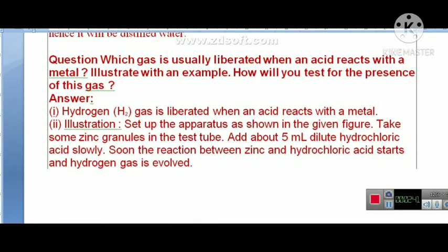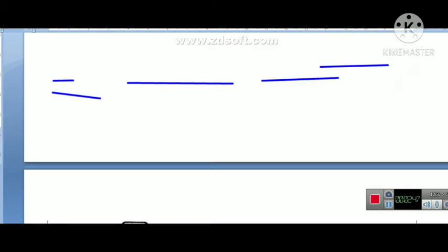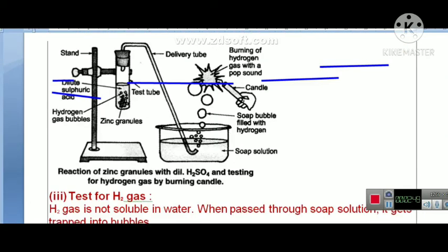Which gas is usually liberated? We will make the arrangement of the apparatus in which we take one test tube. In that we add some zinc granules and 5 ml of any acid, it may be HCl or sulfuric acid, and fix it with a one-holed rubber cork with a bent pipe.